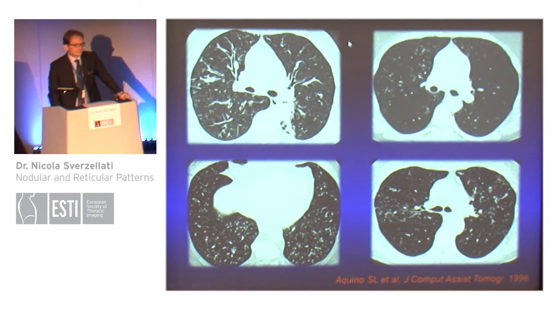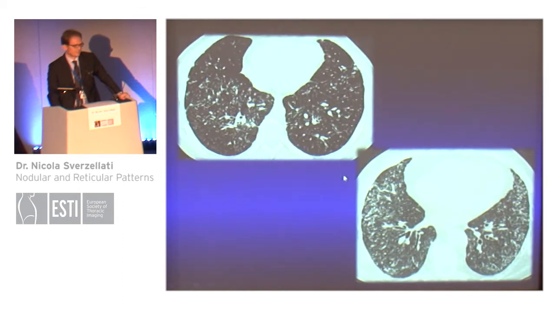As these tree-in-bud opacities reflect bronchiolar disorders, they are often associated with larger airway disorders, and we can see other abnormalities, bronchiectasis, bronchial wall thickening, and also decreased attenuation areas.